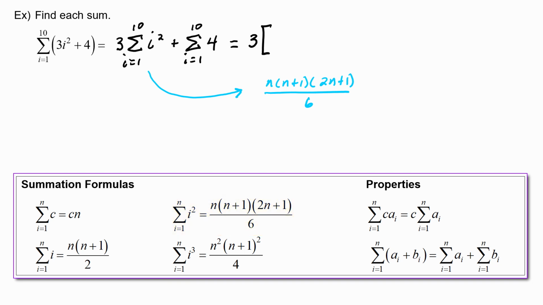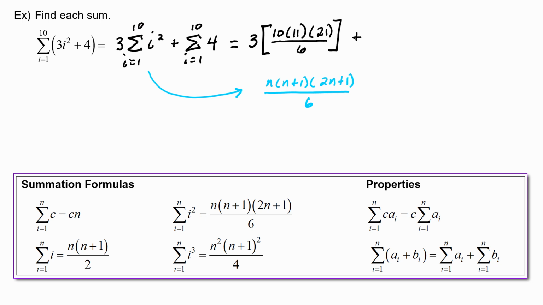In our case, n is equal to 10, so we have 10 times n plus 1, which would be 11, times 2n plus 1. If we double 10, we get 20, and then we add 1, we get 21, and we take that over 6.